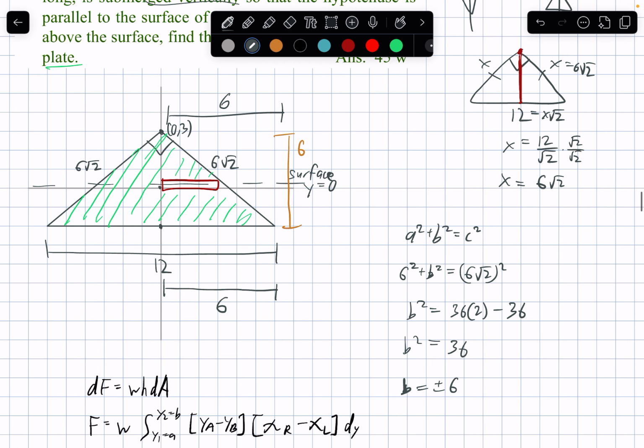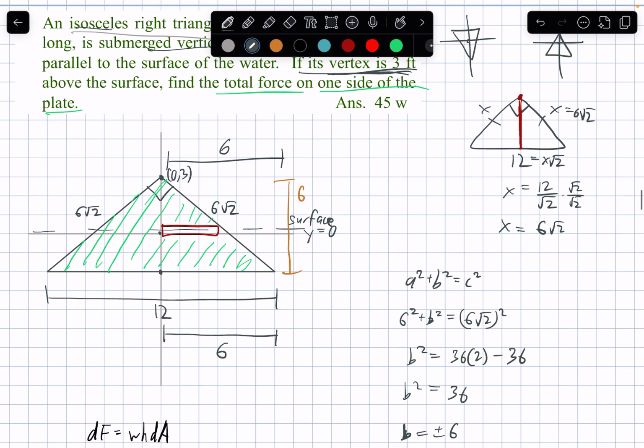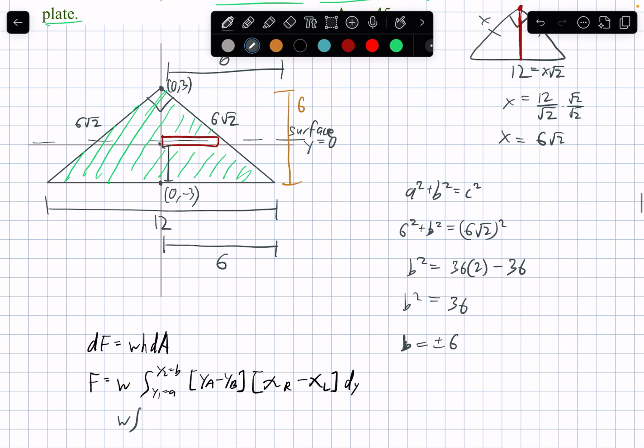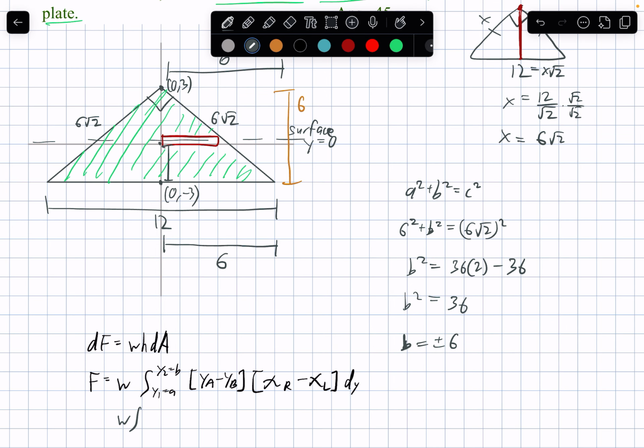Below, since we determined that the total height is 6, what remains from the origin to the very bottom is also 3 units, so 0, negative 3. So our limits of integration are negative 3 and positive 3, from here to here. Essentially, the horizontal element can move anywhere as long as it's within negative 3 to positive 3.